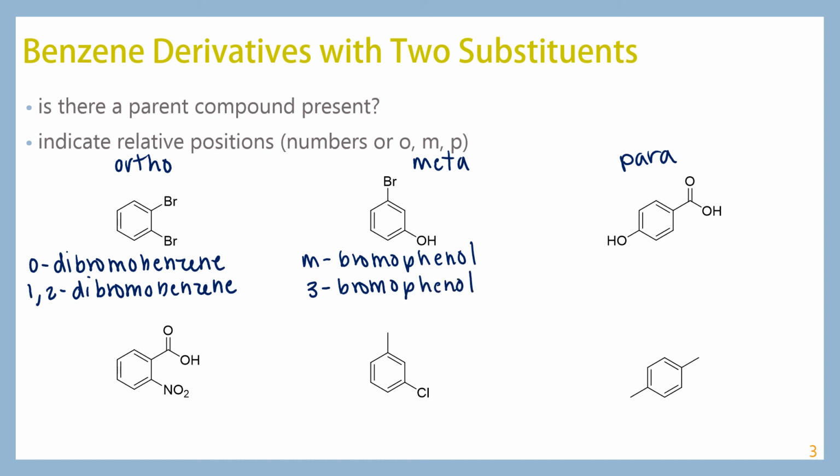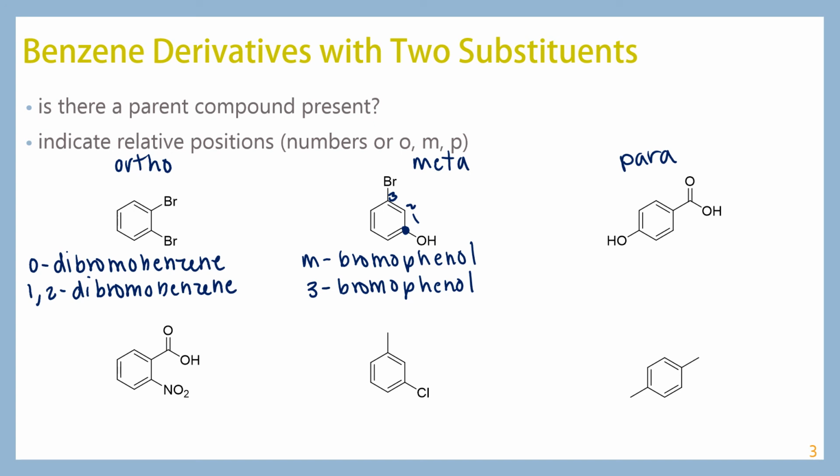When you have a parent compound, the carbon that the parent is on is automatically carbon number 1. So we do not have to say 1,3-bromophenol, because the use of the parent name already suggests that that is carbon number 1. So 3-bromophenol.